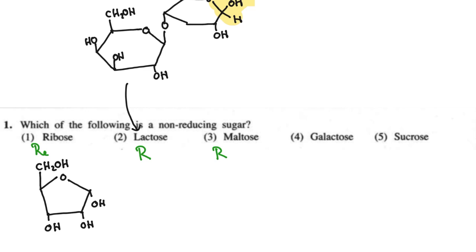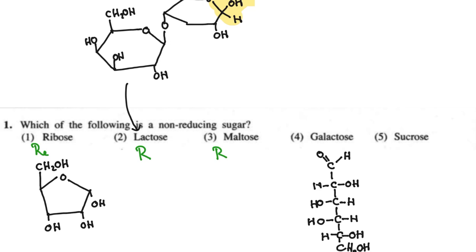Fourth one, galactose. I will draw the structure of the galactose molecule. That is again a 6-carbon monosaccharide. This one has this free aldehyde group, CHO group, so it acts as a reducing sugar. Then the last one, sucrose.